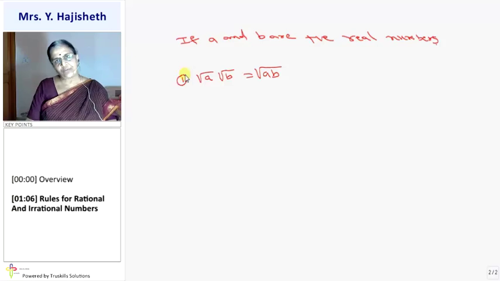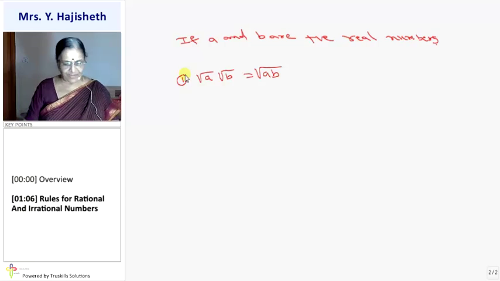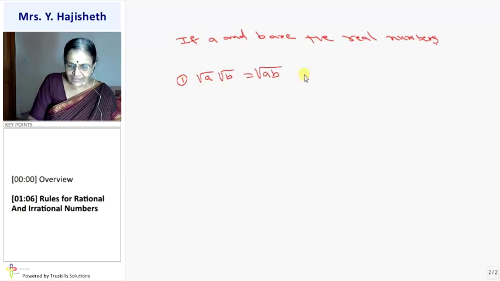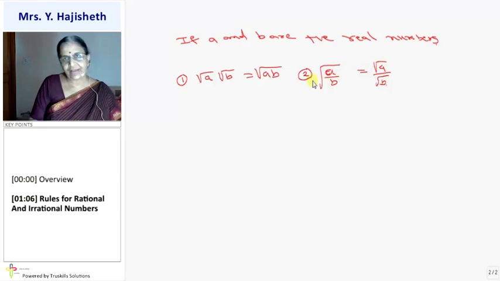Because A and B are positive real, root A and root B can be rational or irrational, but the product of root A into root B can be written as root AB. Right? Then second rule, the quotient of root A by root B can be written as root A by B. I can combine them under the same root.